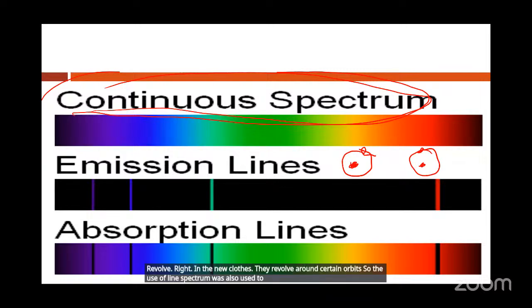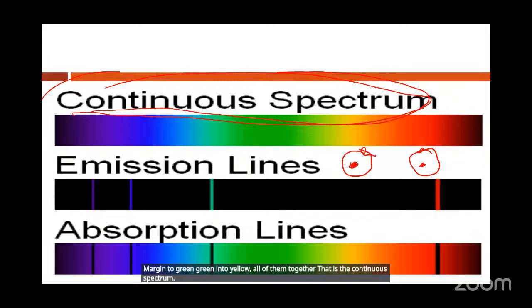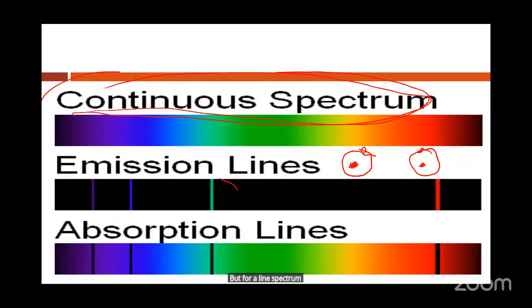If you look at rainbow colors, you see that you have different colors, but blue merges into green, green into yellow, all of them together. That is a continuous spectrum. But for line spectrum, like you can see in this emission spectrum, you can only see 4 lines.